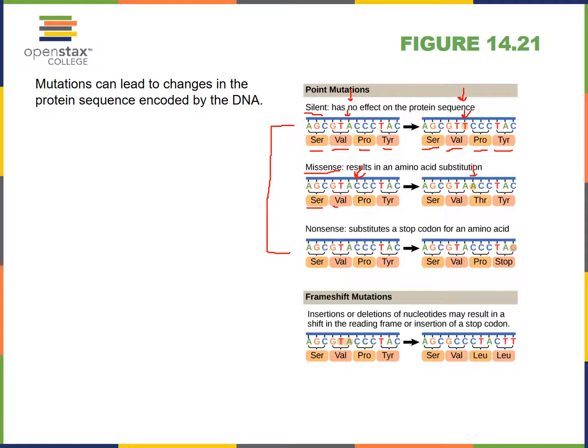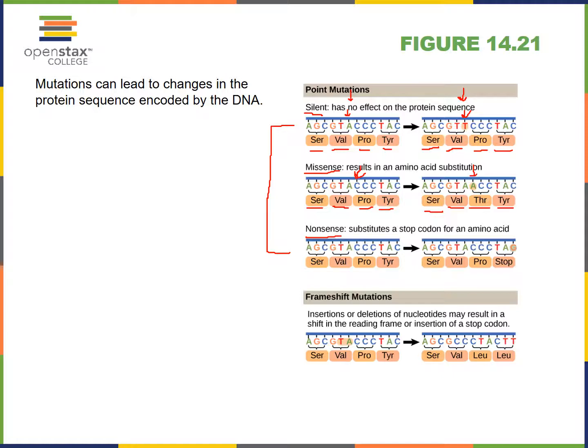So instead of serine, valine, proline, tyrosine, it's now serine, valine, threonine, tyrosine. And when you change the sequence of amino acids, you can change the structure, you can change the function, you can make a broken enzyme that's always on, or a broken enzyme that never turns on. You can make several different effects on the protein.